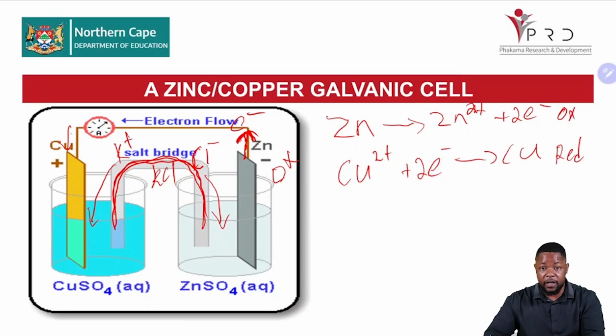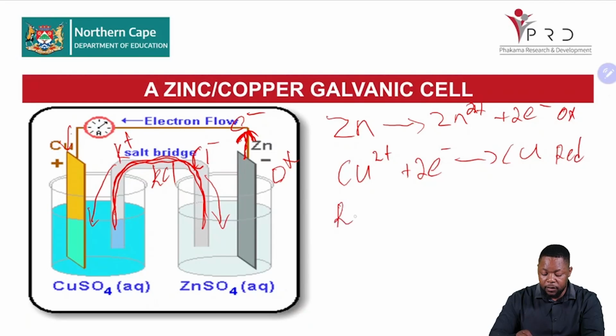Now, the examiner will also ask you to identify the reducing agent and the oxidizing agent. We know that the reducing agent undergoes oxidation.